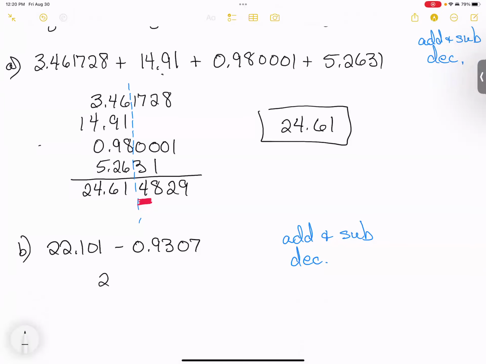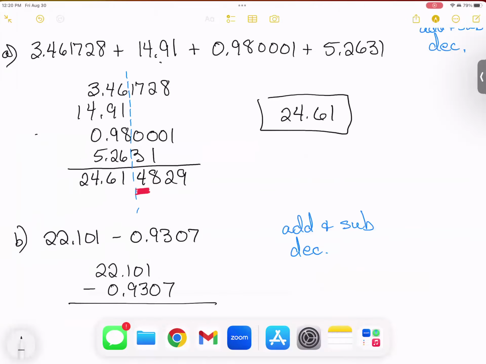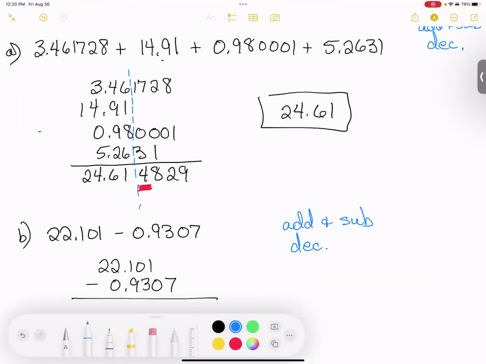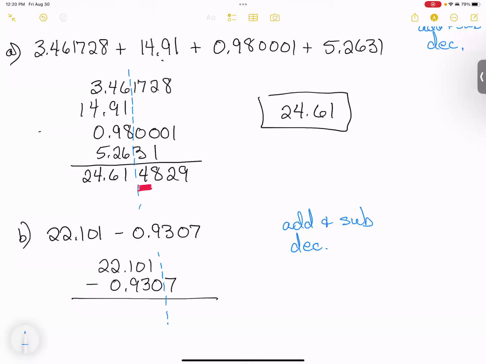Since this is just addition and subtraction, I'm going to put it in a column format, and I am going to mark the one with the fewest decimals. And then do the math.